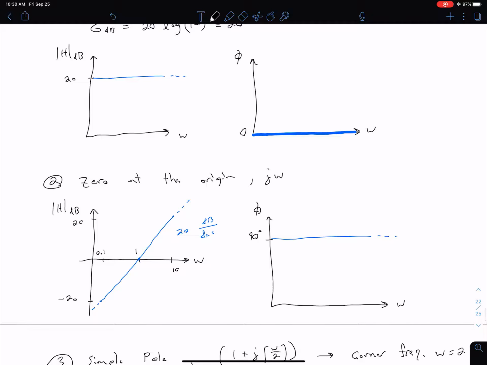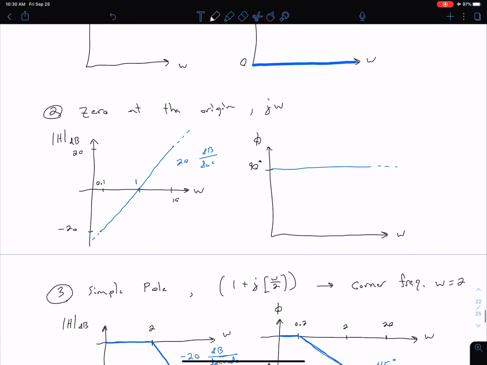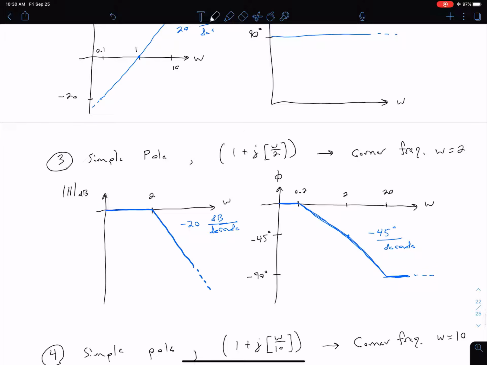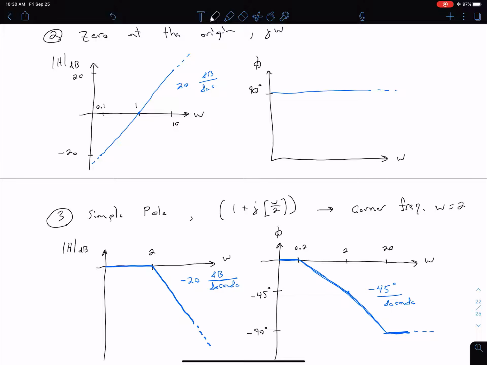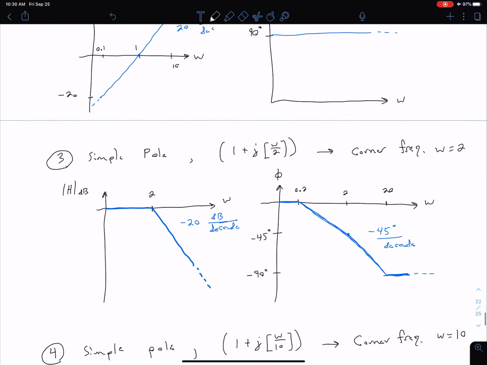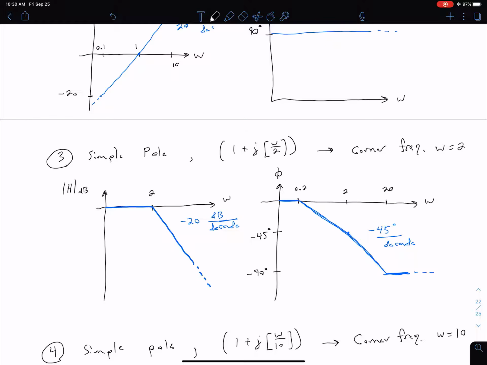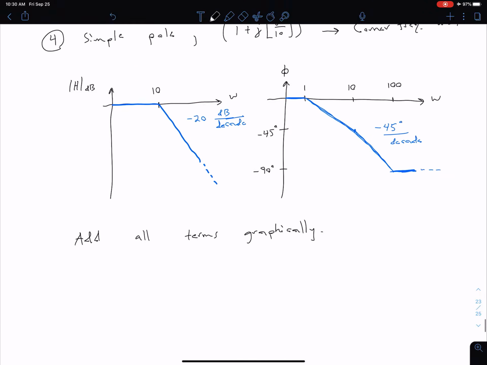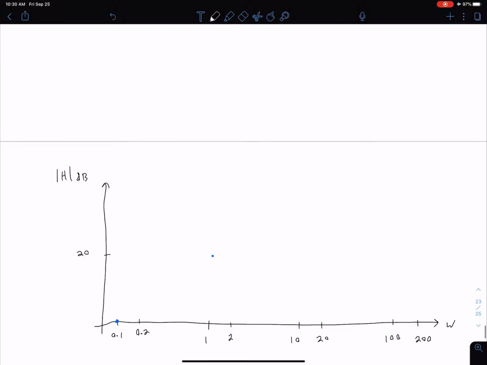And so we then continue to increase. We keep adding more and more slope there, but as we get a little past 1, as we reach 2, we have this first simple pole coming in. So at 2, we're going to start having this plus 20 dB per decade from our zero at the origin, and this negative 20 dB per decade from our simple pole. And of course what that's going to look like is it's just going to stay constant at that point.